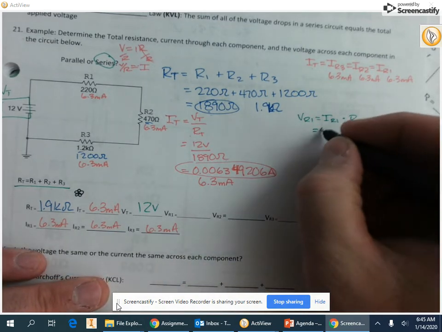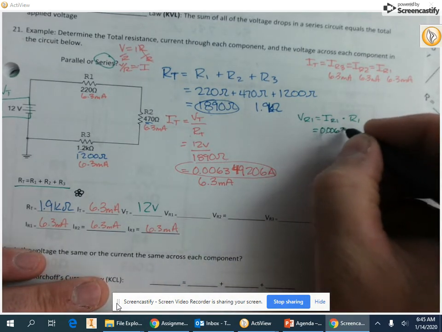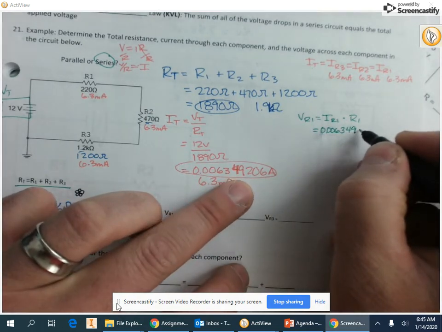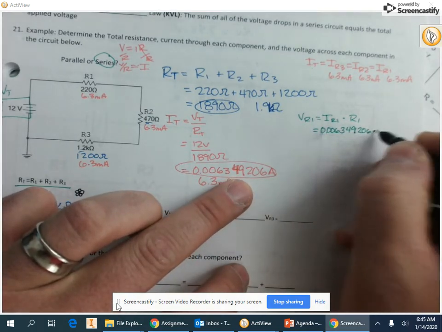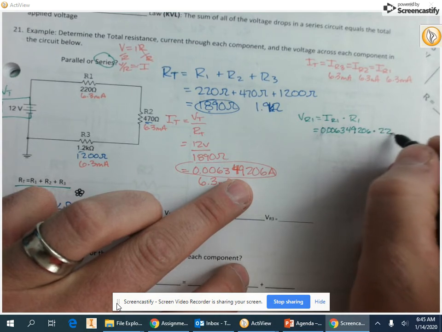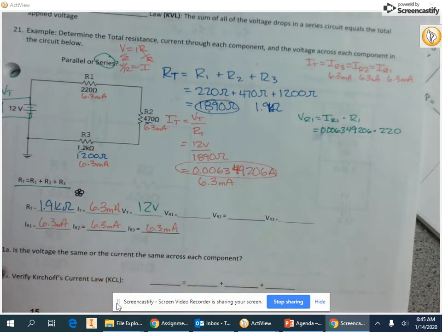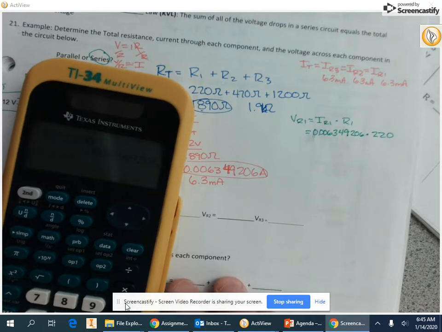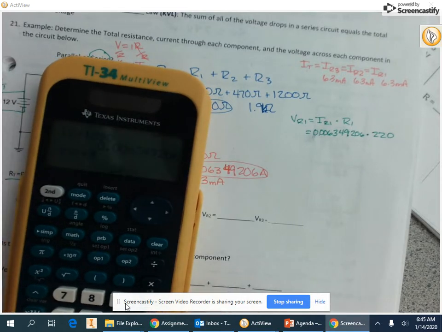I have to use 0.0063 and write out that whole number, 0.006349206 times 220.